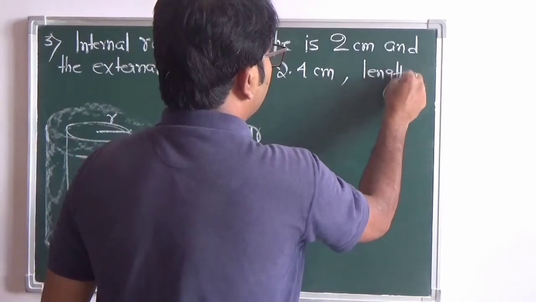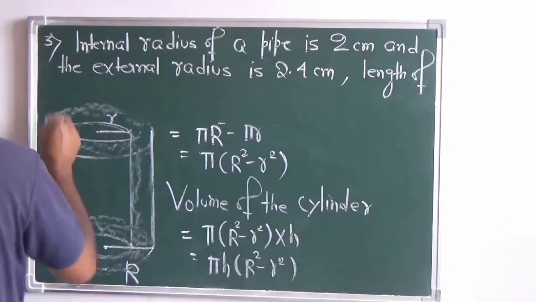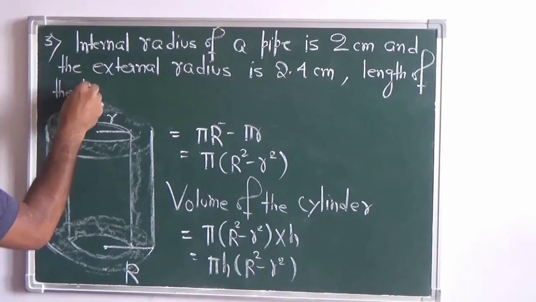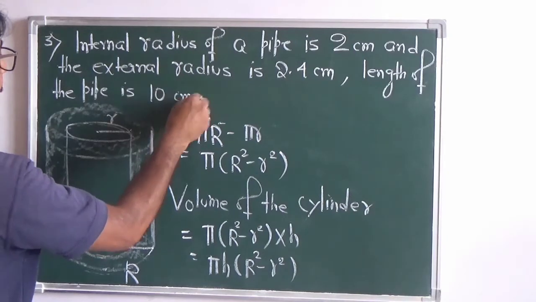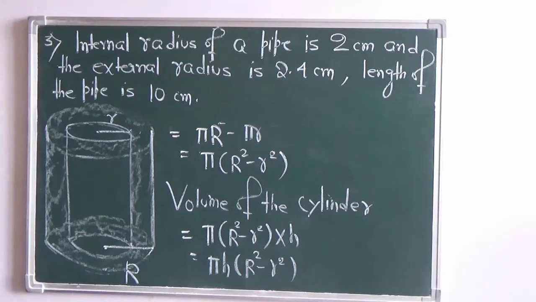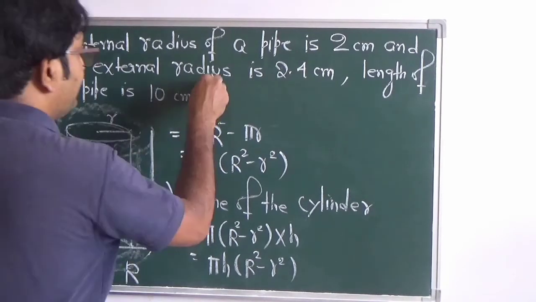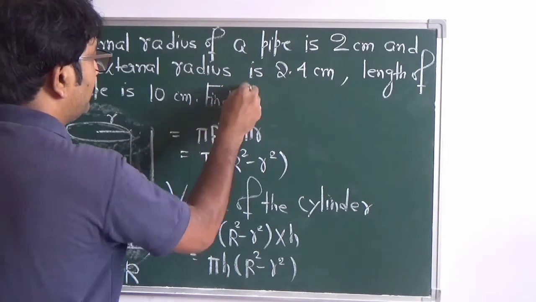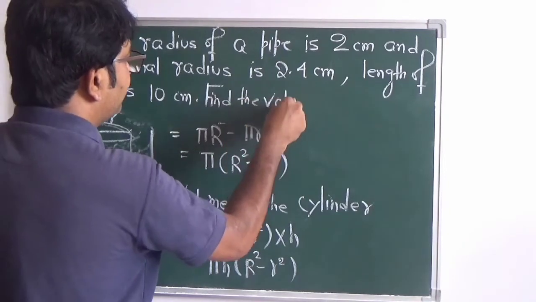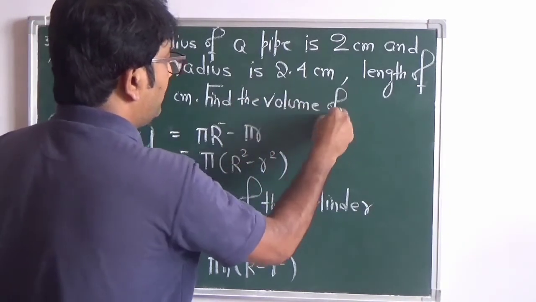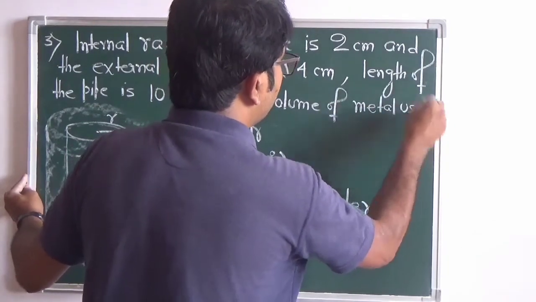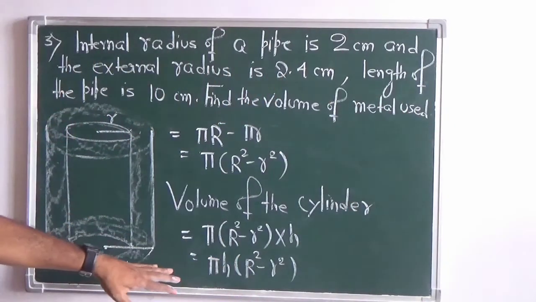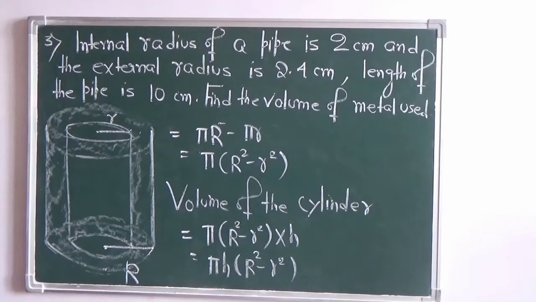We need to find the volume of the metal used. So the volume formula is already known, that is pi h into R square minus r square.